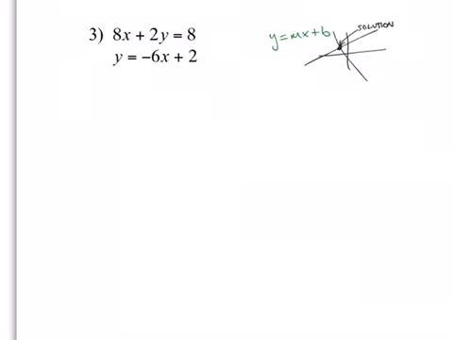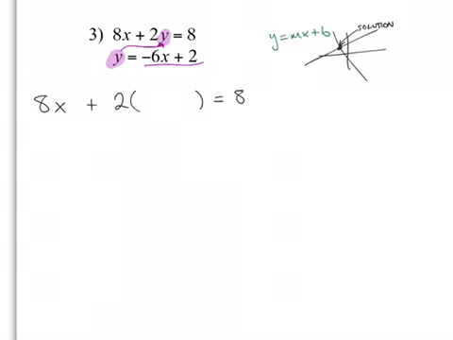And the key step here involved taking the y value from one equation, okay, and inserting or substituting that y value into the other equation. All right, so I'm going to show that step now. So I'm going to take my top equation, 8x plus 2y equals 8.